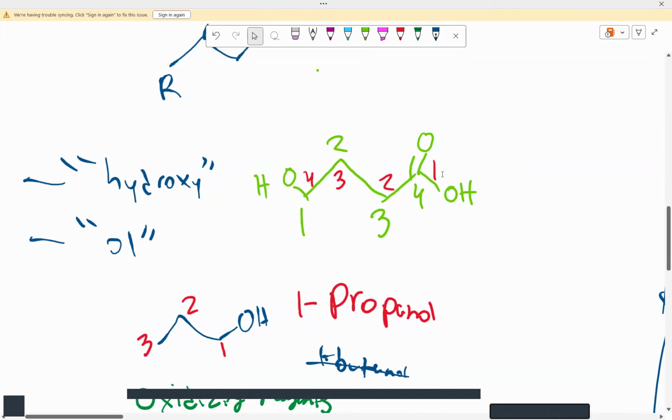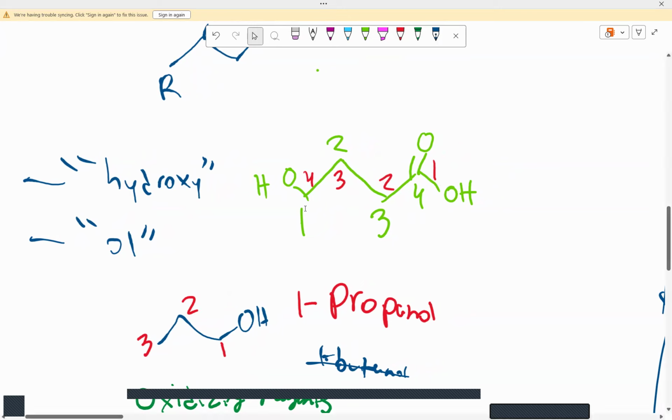Additionally, I have this little molecule. It has an alcohol group, which is over here, and then I have a carboxylic acid. So when you put two and two together, carboxylic acid, because it's the most oxidized functional group, will always have the highest priority.